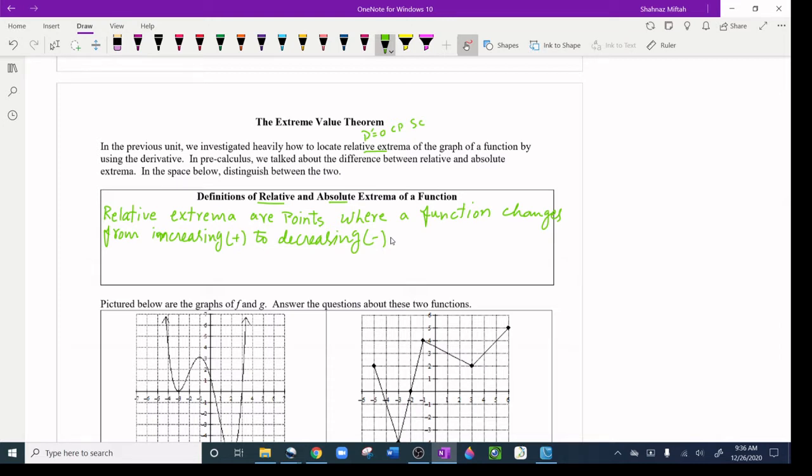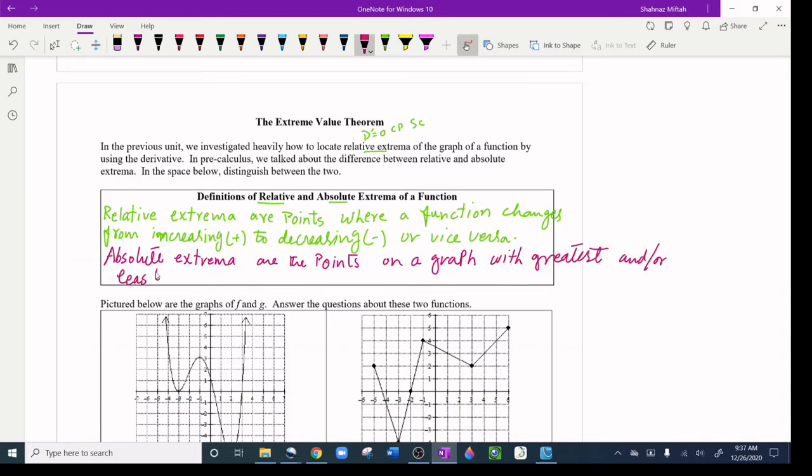Absolute, what is absolute? Absolute extrema are the points on a graph with the greatest and or least y values.